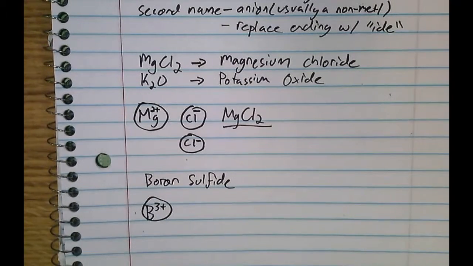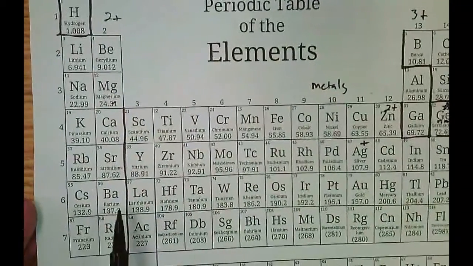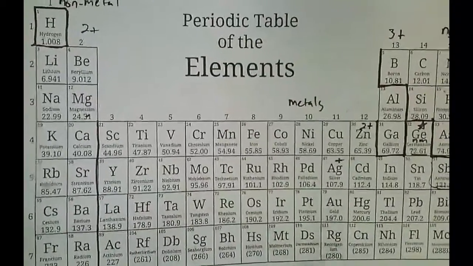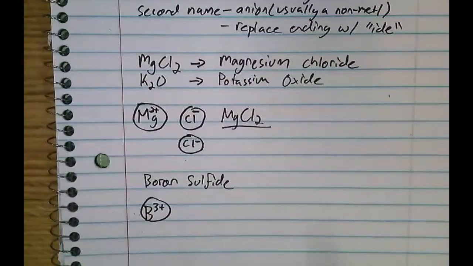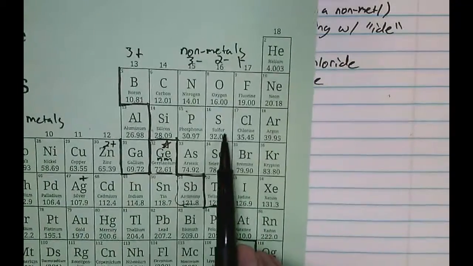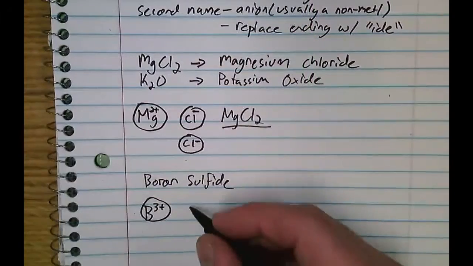Remember, don't just take an element that starts with B, right? So this is not beryllium, this is not barium. Just be careful that you don't pick an element that's close, pick one that really is the one that we're using, so boron. And then sulfide is just sulfur with the ending replaced, so I find sulfur. And it takes a 2- charge, so I'll draw that.